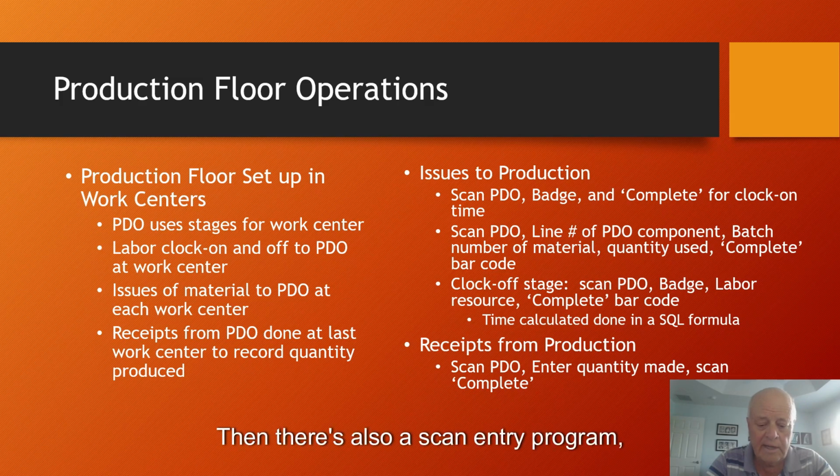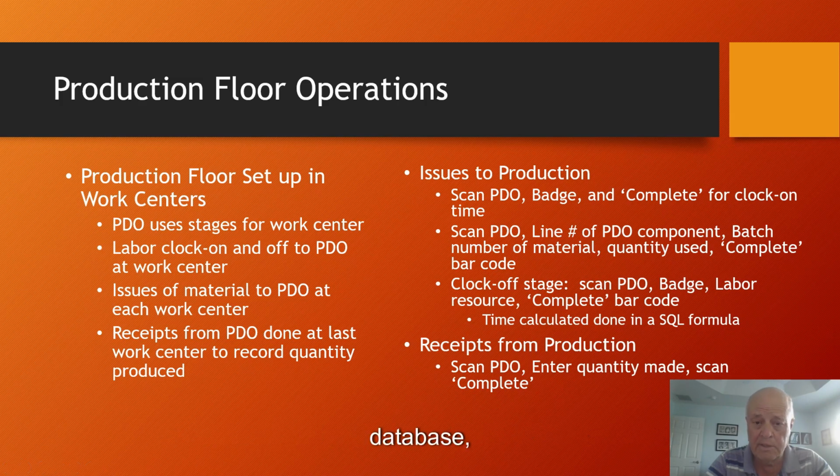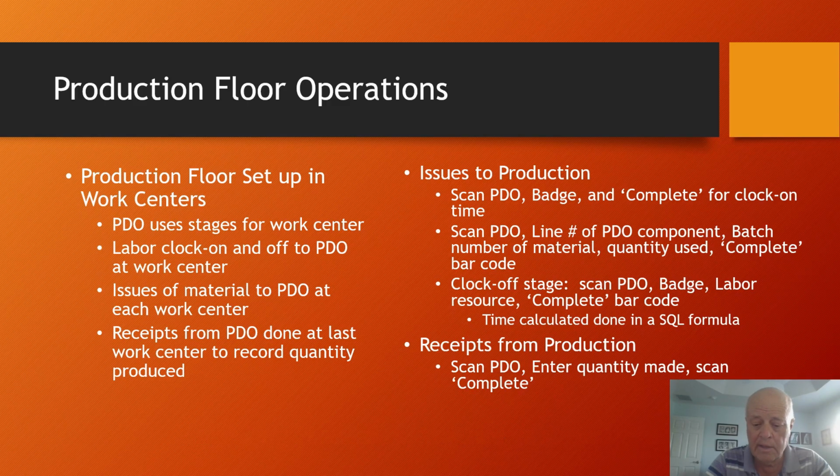Then there's also a scan entry program, Macedon's, that accepts scans from each work center. This scan entry program posts data to a Macedon SQL database, not an SAP Business One database, so that we keep away from any problems with SAP saying we're not being legal.